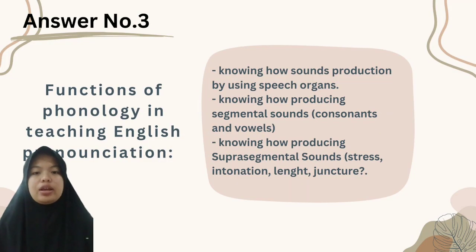Number 3 is the function of phonology in teaching English pronunciation. That is, knowing how sound is produced by using speech organs, knowing how to produce segmental sound, and knowing how to produce suprasegmental sound.